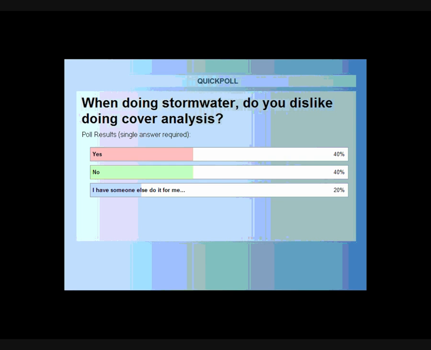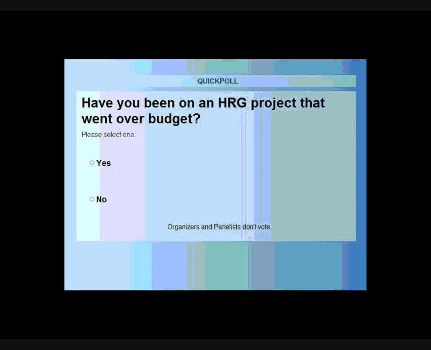Another poll I'm going to launch here, and be honest on this one. Have you ever been on an HRG project that went over budget? Let's see a hand. Come on, show of hands in this room. Brian Riesinger, no? Yeah, whatever.